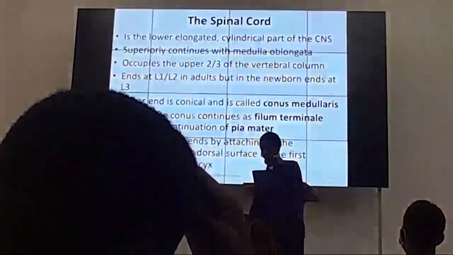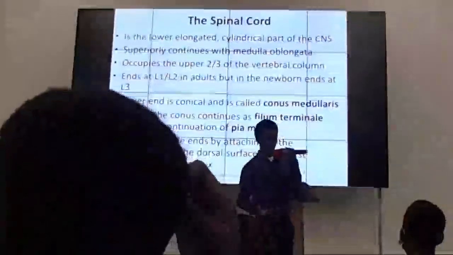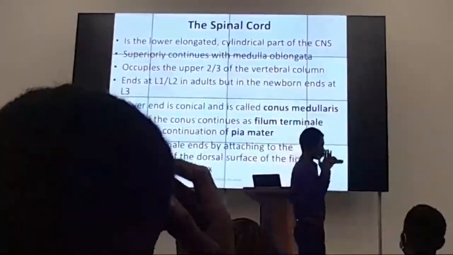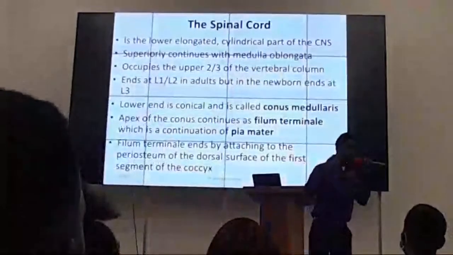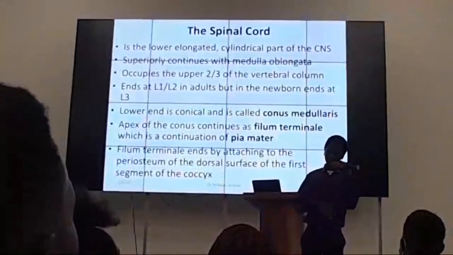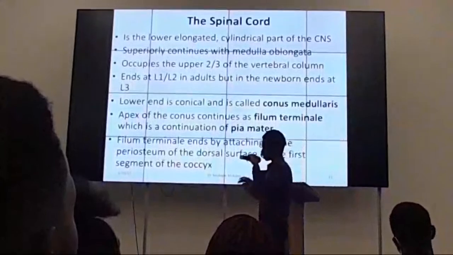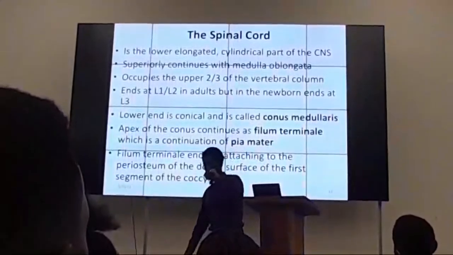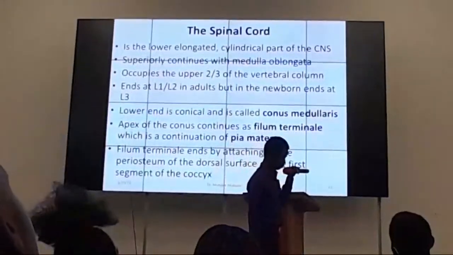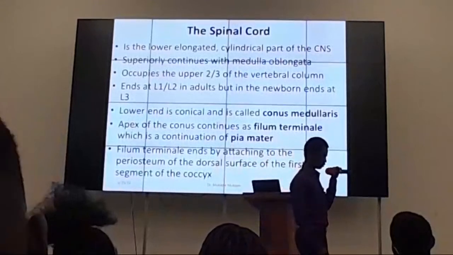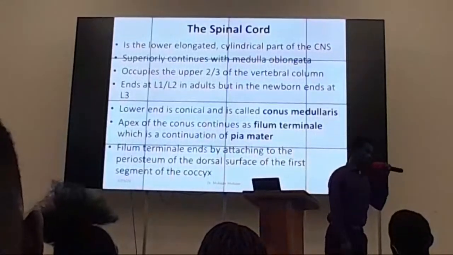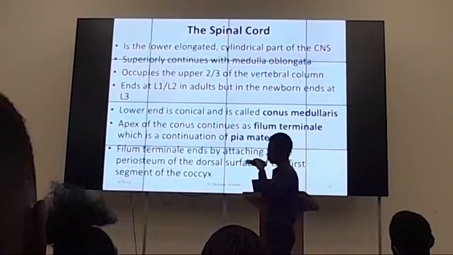In fact, we can see the evidence when we compare the termination of the spinal cord in a newborn and the termination of the spinal cord in an adult. At what level of the vertebral column in a newborn is the termination of the spinal cord?